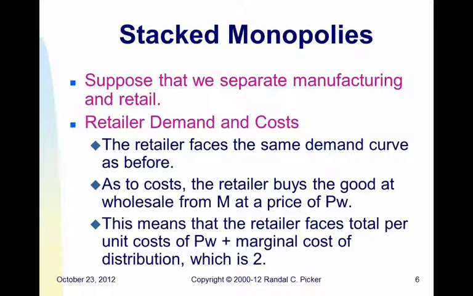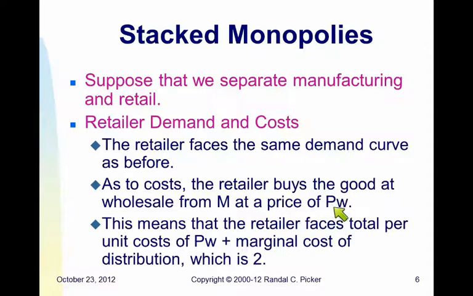The manufacturer is not. The manufacturer in this setup, where we've got the vertically separated monopolies, is going to be facing a demand curve that derives from the retailer's behavior. And that's what we have to calculate. What does that mean here? It means that when we think about what the retailer is going to do, the retailer has to buy the good from the manufacturer.